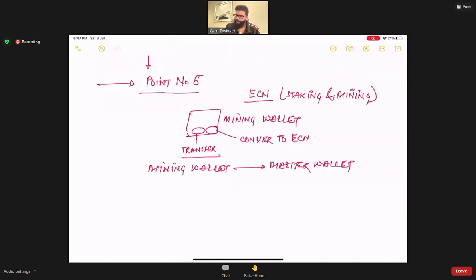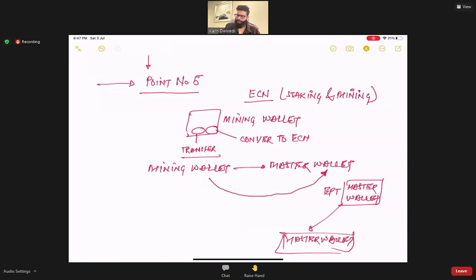But now if you transfer from mining wallet to master wallet, try to understand me here, you will have EPT in master wallet, and as you know, master wallet to master wallet you cannot perform, because EPT to EPT you cannot perform.